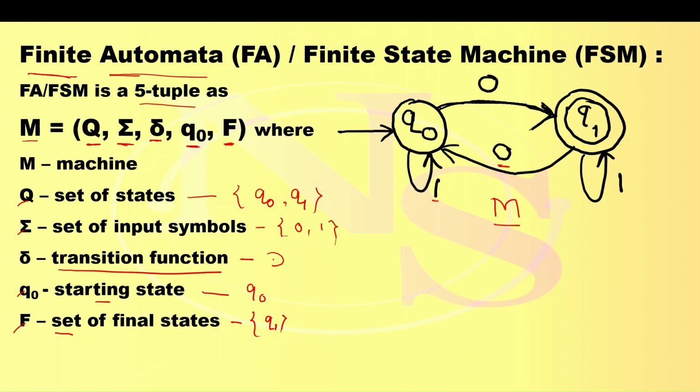Like we have DFA: as per the transition function, if it is deterministic in nature, we call it a deterministic finite automata, or a non-deterministic finite automata, or an epsilon NFA. So what is the transition function in these kinds of automata? We will see. First, DFA, deterministic finite automata.